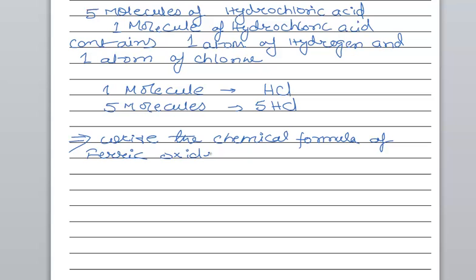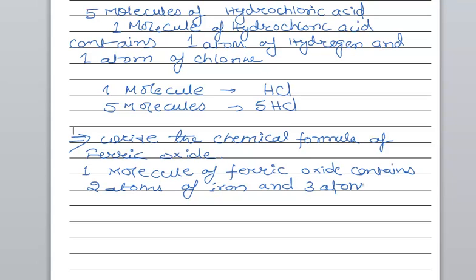Now it's altogether a new term, don't get frightened. This will be given to you, don't worry. 1 molecule of ferric oxide contains 2 atoms of iron and 3 atoms of oxygen.